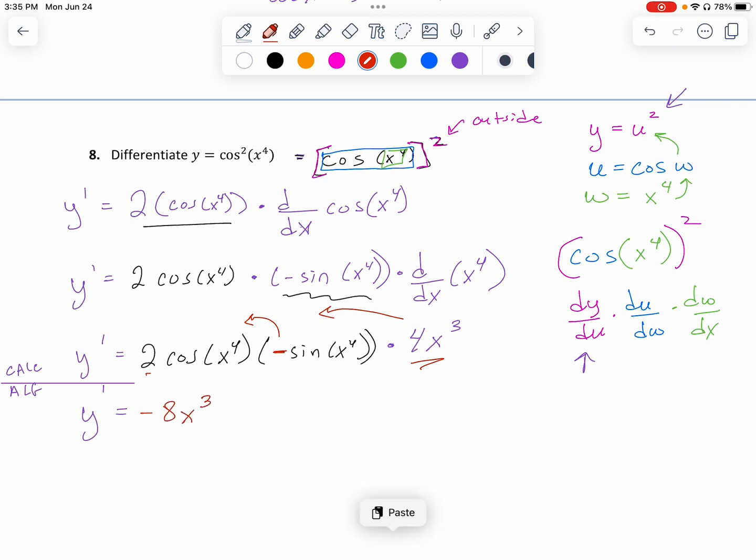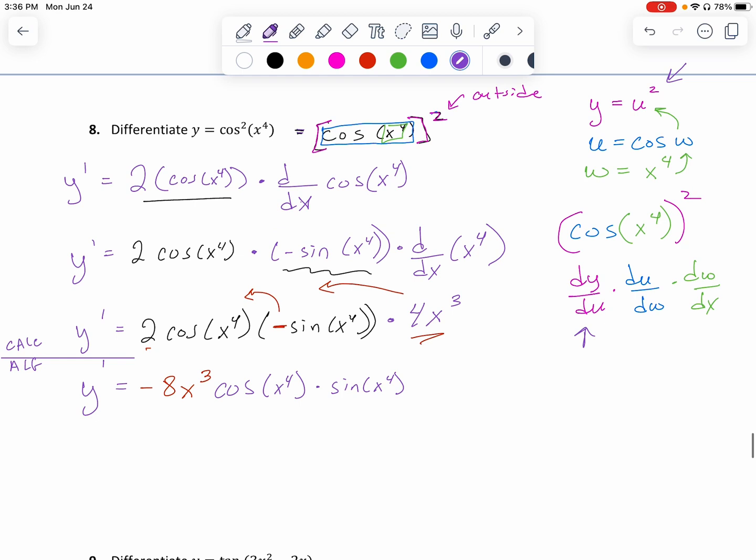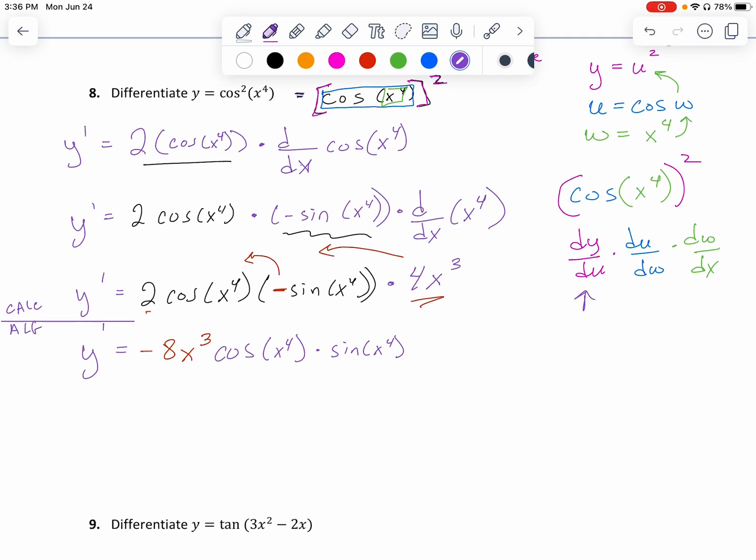And then I'll have the cosine x to the 4th and sine x to the 4th. I already took the negative out in front, so I just have this left over now. I don't really need a parenthesis between those trig functions, just need the parenthesis around the x to the 4th, so I know the x to the 4th is included on the input. It doesn't matter if cosine or sine comes first, but just bring that coefficient and the single x and the negative out in front.